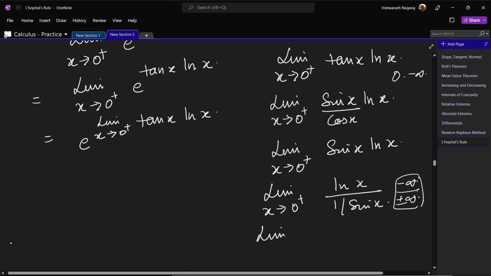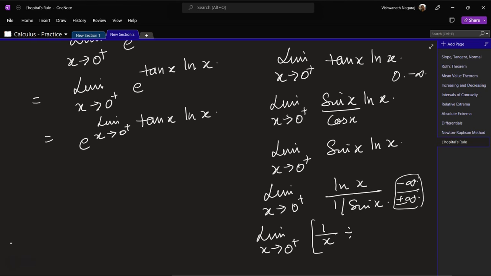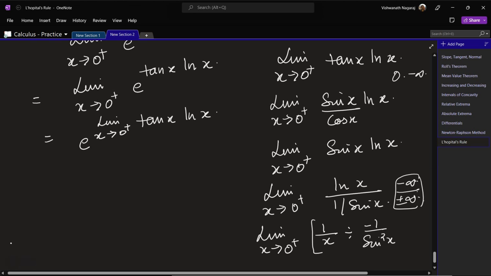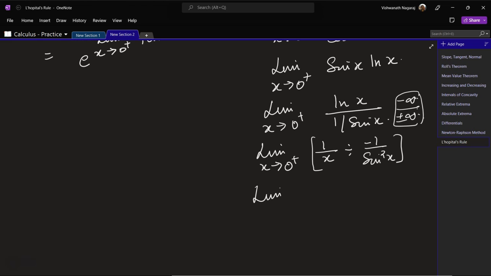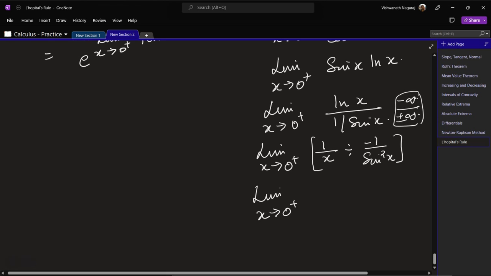So limit as x approaches 0 from the positive side, the derivative of natural log of x is 1 by x divided by, I'll put it in this form, and if we differentiate this, it can be written as sin x to the power of minus 1. So this becomes minus 1 by sine square, right? And now limit as x approaches 0 from the positive side, 1 by x times the reciprocal of this, sine square x.